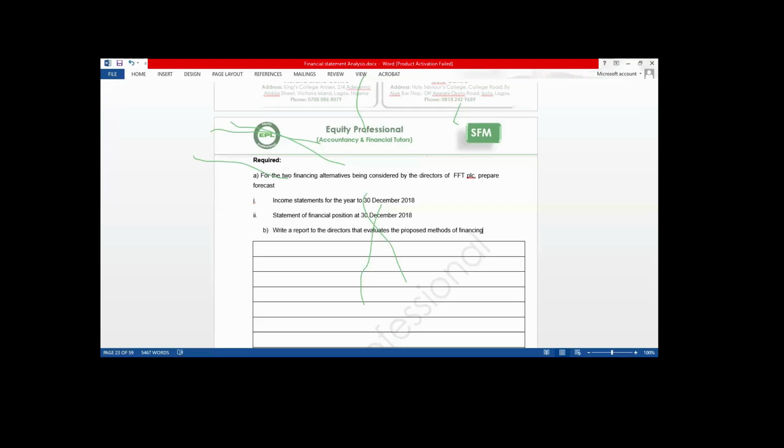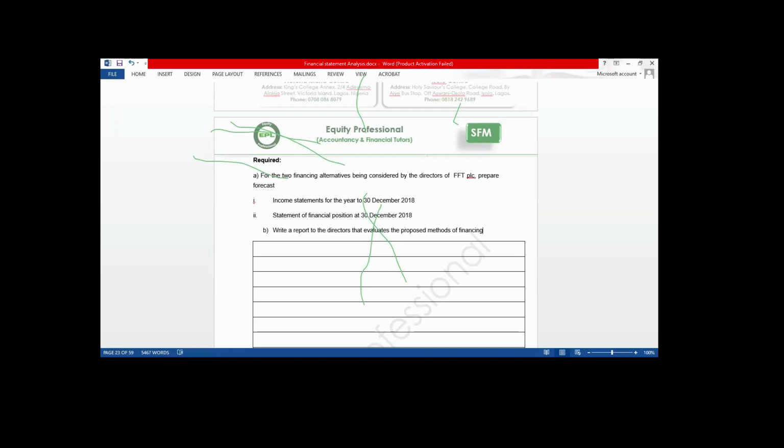We are done with the question reading. Assuming you are faced with this type of question, what is the best approach you can take? Look at the requirement, let's explain it. You need to prepare an income statement for the 2 financing alternatives.